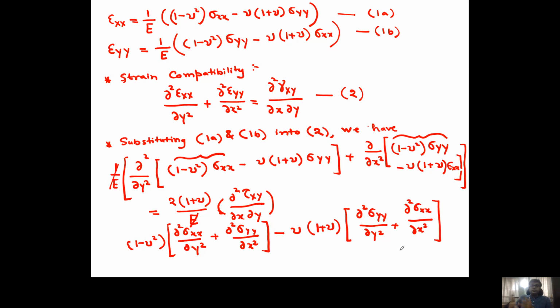So we have now coupled both the parts, and what happens on the right hand side is nothing. 2 1 plus nu del 2 tau xy del x del y. And this is the solution for now.